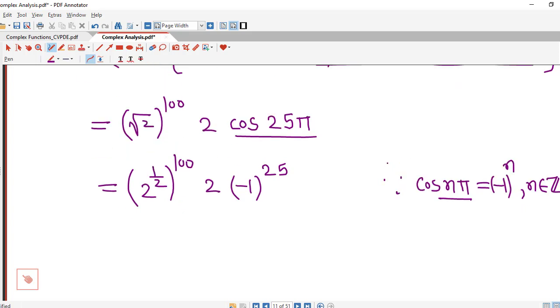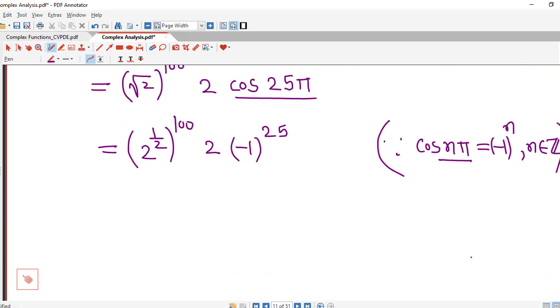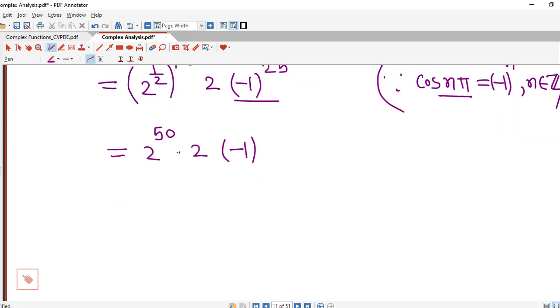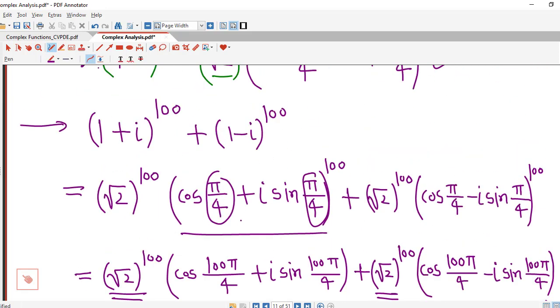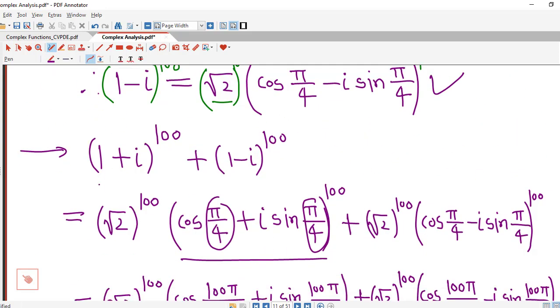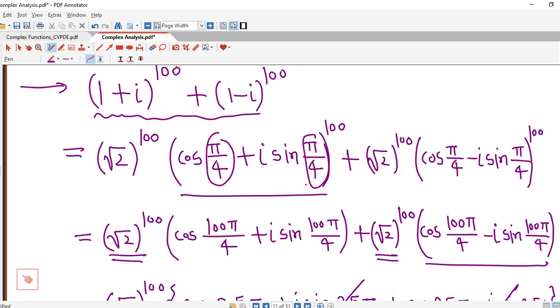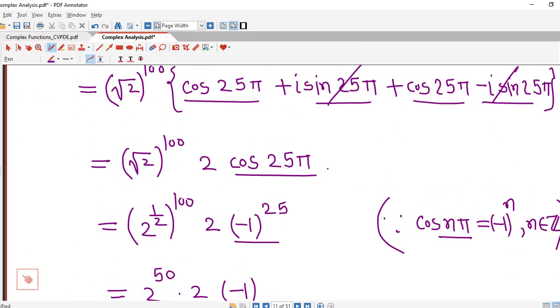Okay, using this formula, this is now 2^50 into 2, and −1 raised to an odd power is −1, and this is nothing but 2^(50+1), that is 2^51, and the negative sign is there, −1 is in the product, so we have −2^51, which was required to prove. Okay, we have shown that this expression equals −2^51.